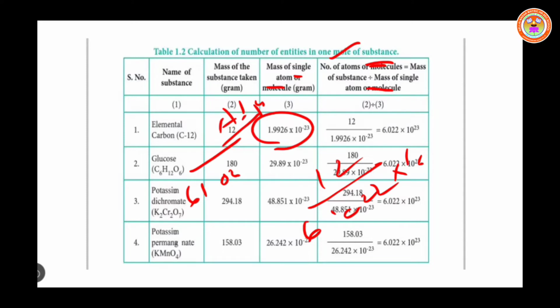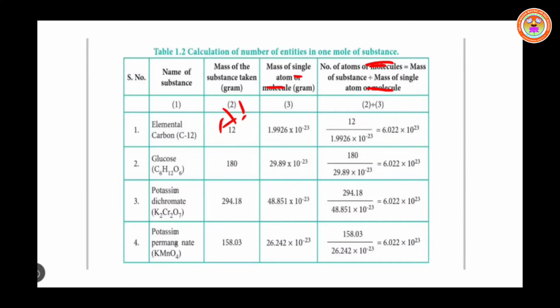If we divide 12 by 1.9926, the number of atoms will be 6.022 into 10 to the power 23. So the number of atoms in 12 gram of carbon-12 isotope is 6.022 into 10 to the power 23.